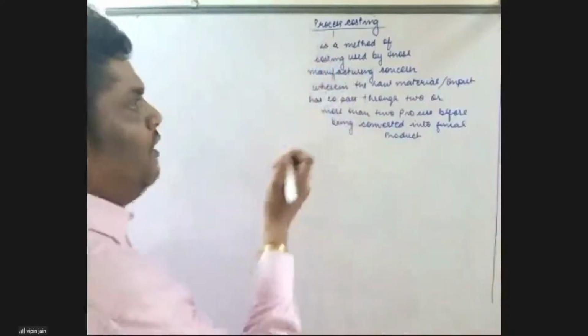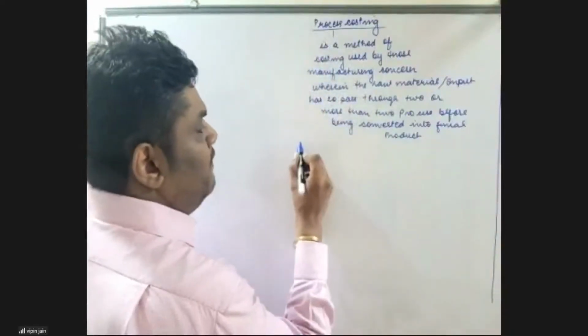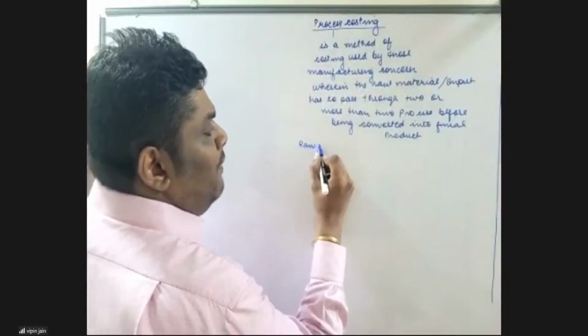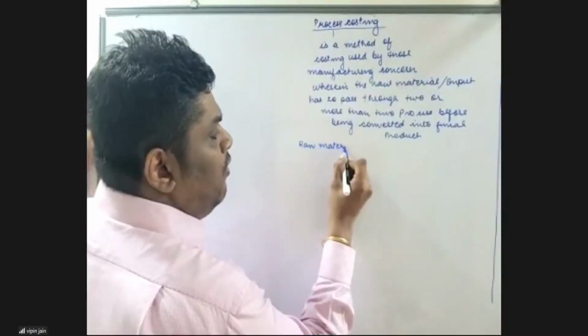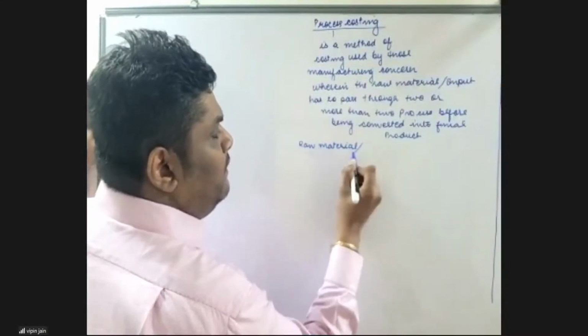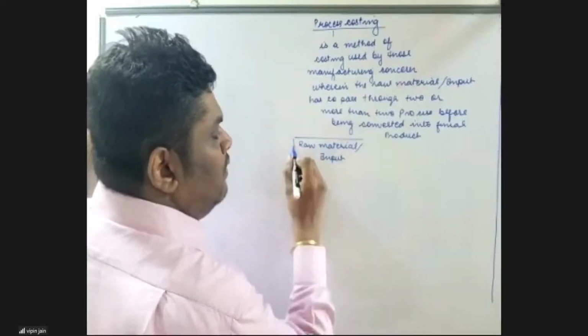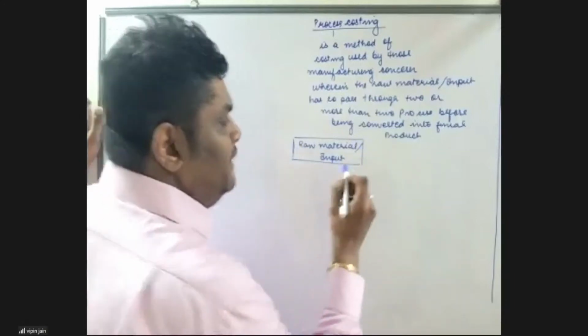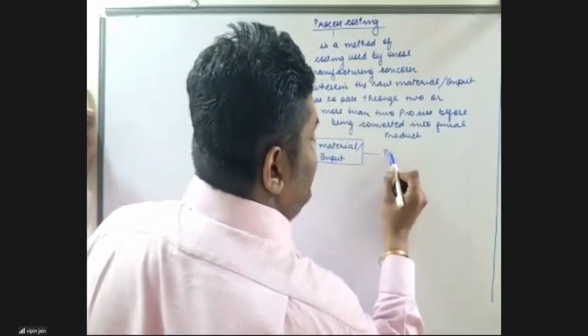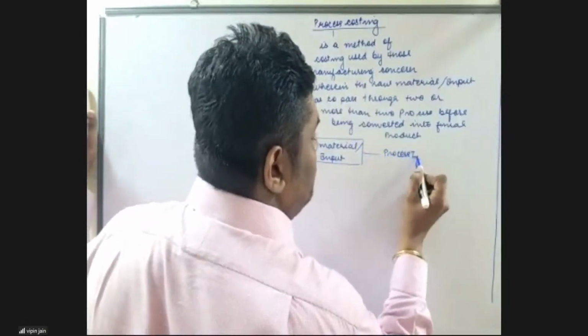So let's say how this mechanism works, wherein my raw material or input is introduced in a particular process, let's say process first.